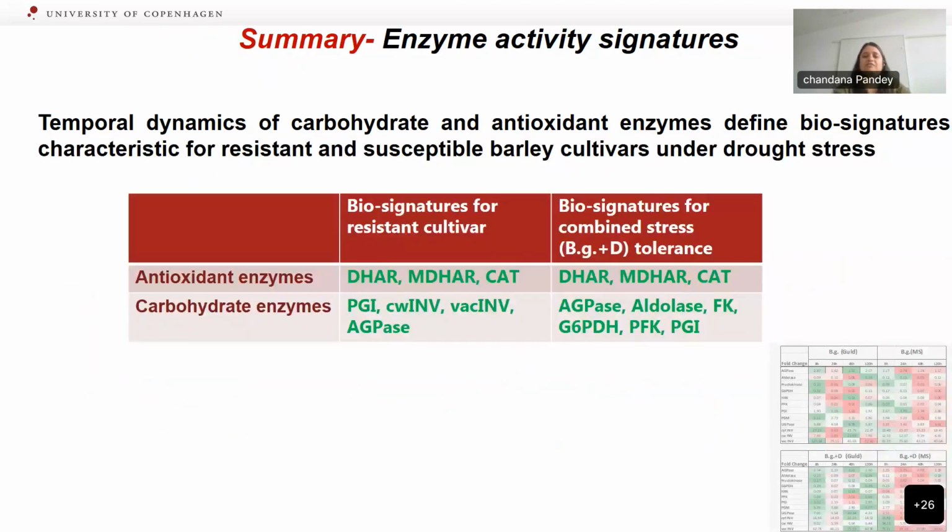These are the different enzymes we have investigated and found as targets from the antioxidant and the carbohydrate metabolism. I'm not showing the other data related to the antioxidant, but I just listed a few enzymes which were popping out when drought is there, meaning when we combine two different stresses.